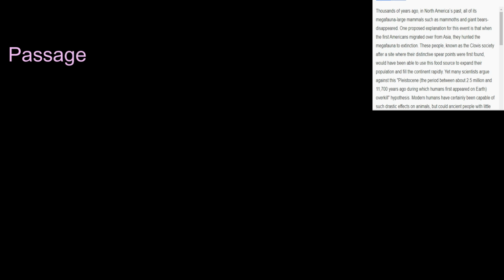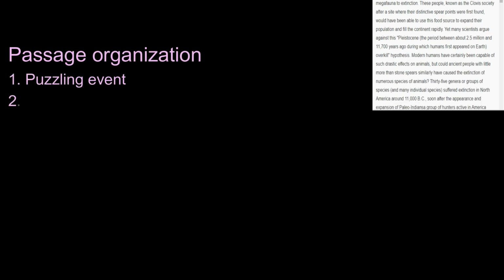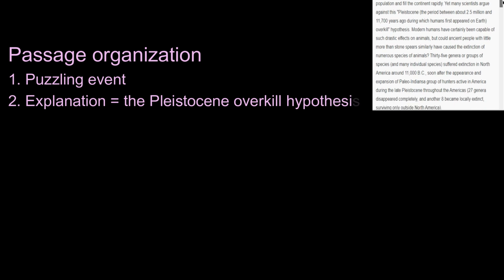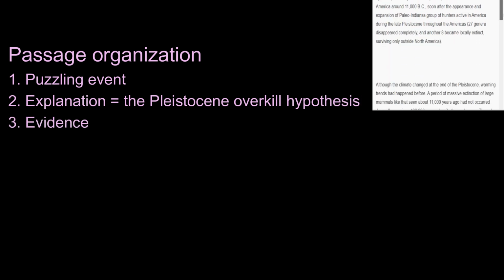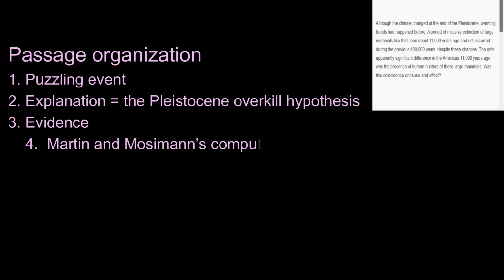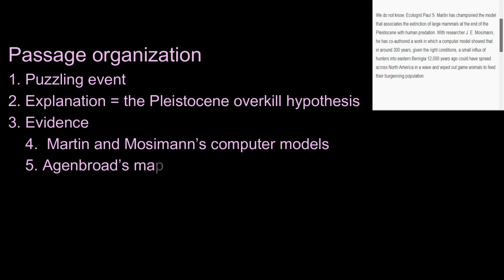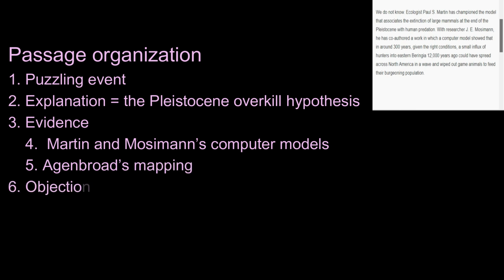So how is the passage organized? It begins with a puzzling event. There are no large mammals in America, and it provides an explanation, the Pleistocene overkill hypothesis. It presents the supporters of the hypothesis, Martin, Moseman, and Agenbrod, with different pieces of evidence. The passage then moves to the objections to the hypothesis and presents two problems.